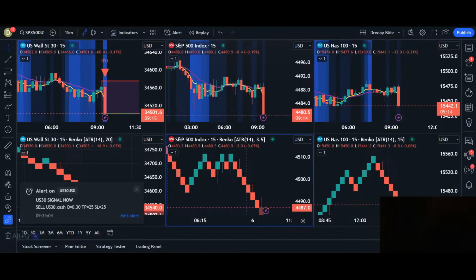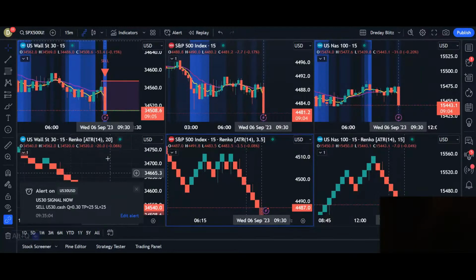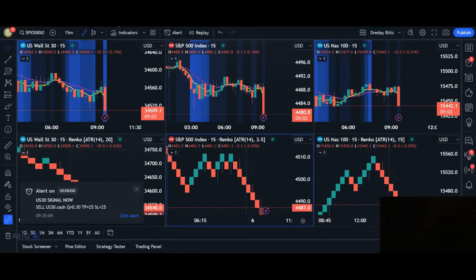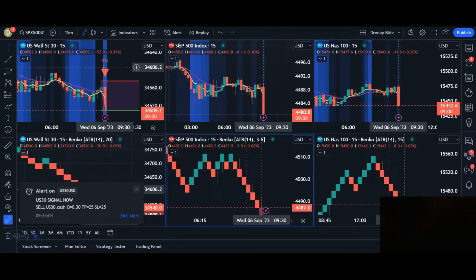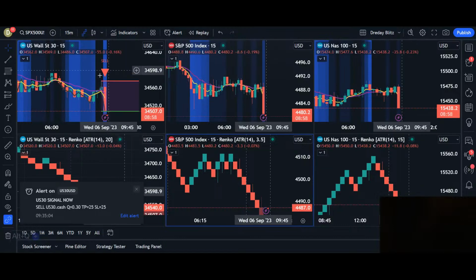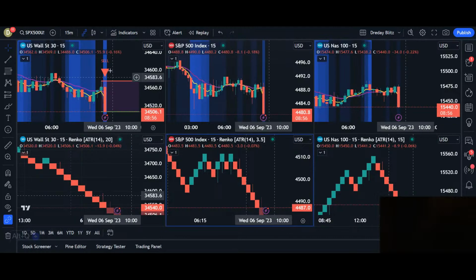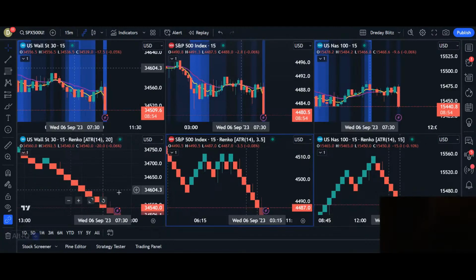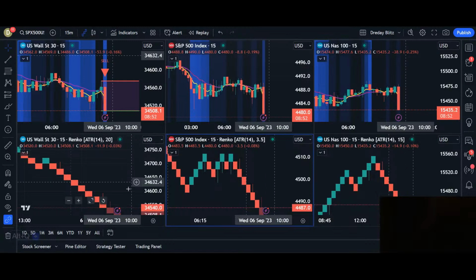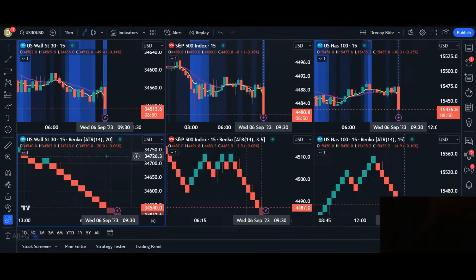All right. Yeah. So we have the first signal here. As you can see, it's a sell signal on US30. What we are looking for, like I said, is the blue in the back. That means it's correlating with my setup, and it's still going down.